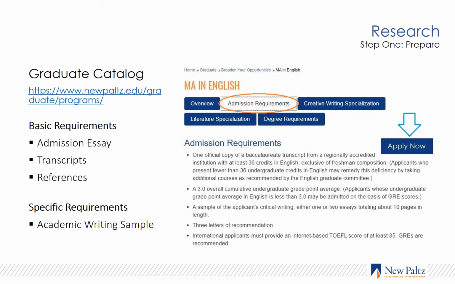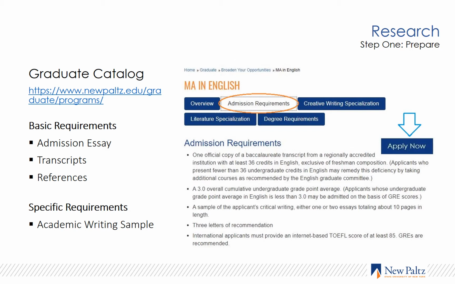The catalog provides you with an overview of the program, a complete listing of admission requirements, and the curriculum and degree requirements. Click on the Admission Requirements tab to determine how many references you should prepare, if your program wants a generic admission essay or if there are specific guidelines, and whether or not test scores are required.